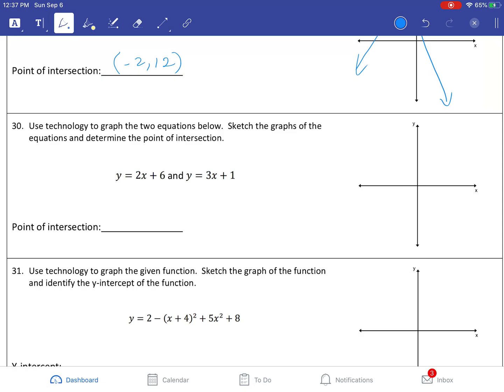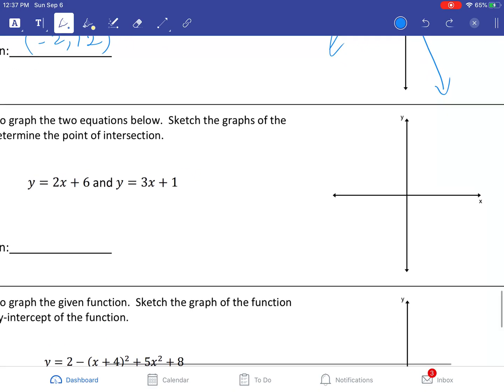Okay, if we do number 30, let's get rid of those equations from the first one. We get 2x plus 6. We've got 3x plus 1. We can graph those two things. The first graph looks like it goes like this, and I'm just sketching it. I'm not being very particular about it. Let's redo those, because the first graph goes like this.